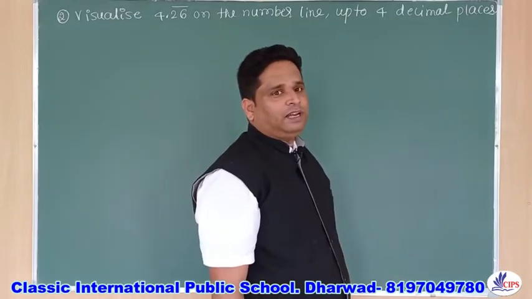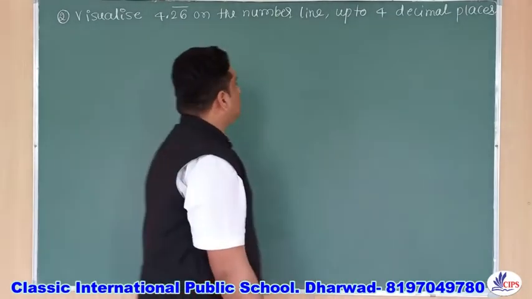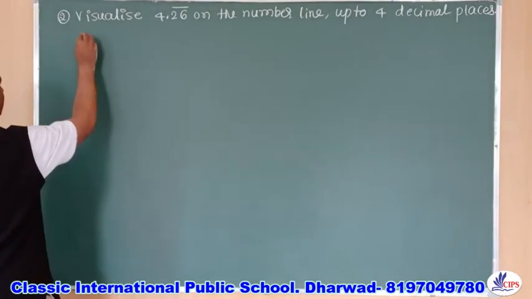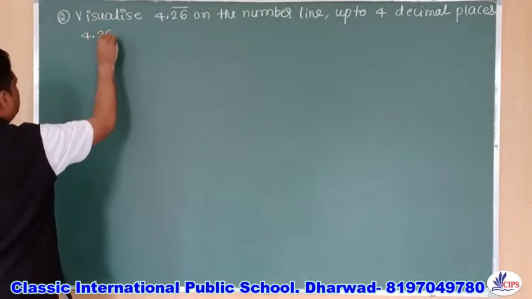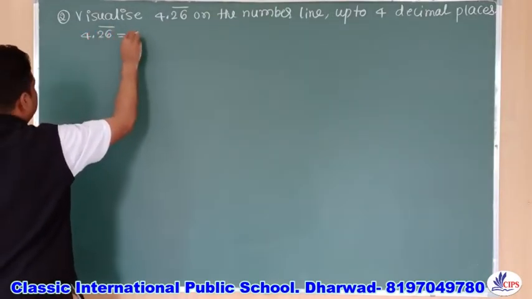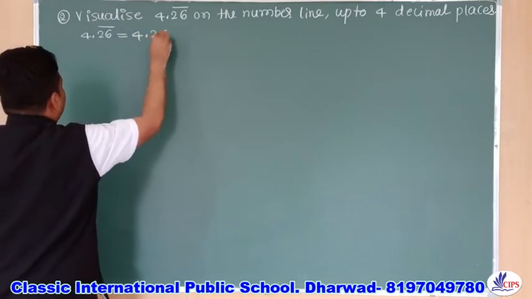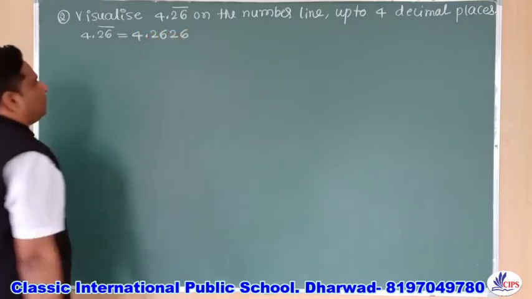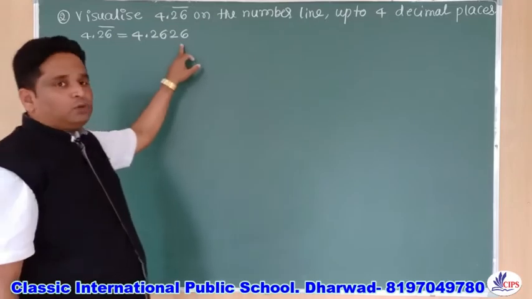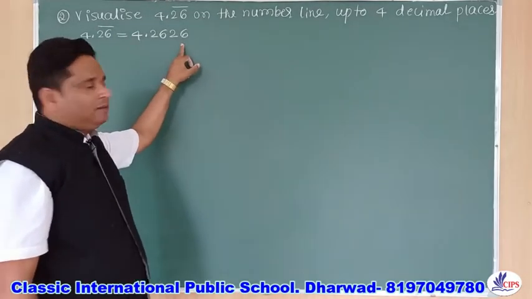We have to represent up to 4 decimal places. 4.26 bar up to 4 decimal places means it will be 4.2626. We have to represent 4.2626 on the number line.